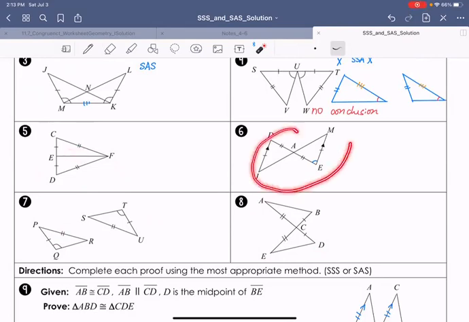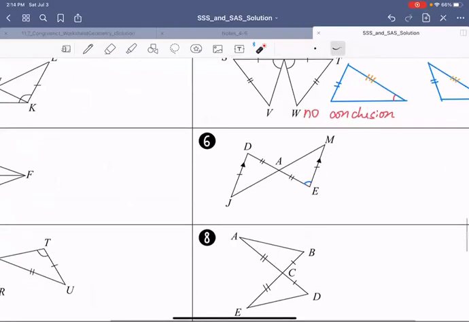How about this one? SAS. SAS, really? Hold on. Be careful. Maybe these two are equal. This is SSA, not working. But when they mark this, that means these two lines are parallel. If two lines are parallel, then the alternate interior angles are equal.